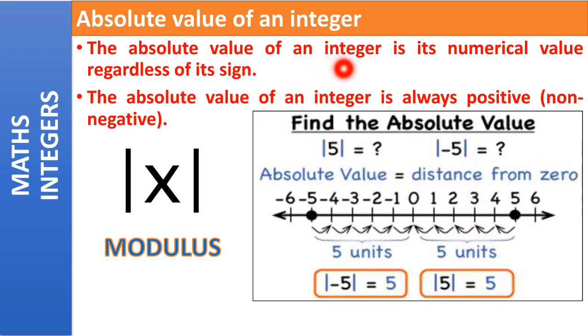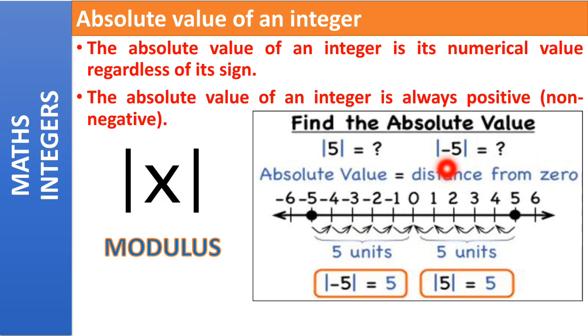What did I say? Absolute value is its numerical value regardless of its sign. What is this number here? This number is 5. So the absolute value will also be 5 no matter what is its sign. Even though it is negative, it becomes a non-negative number. Understood?